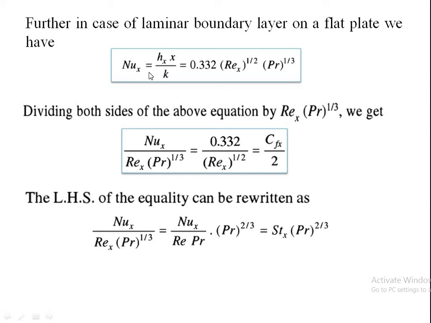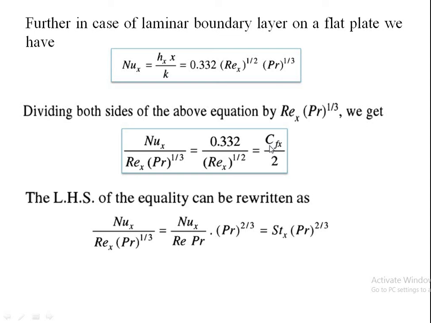So the Nusselt number can be written as the local Nusselt number is equal to 0.332 multiplied by local Reynolds number raised to 1/2 multiplied by Prandtl number raised to 1/3. Now dividing both sides of the above equation by local Reynolds number multiplied by Prandtl number raised to 1/3, we get the local Nusselt number divided by local Reynolds number multiplied by Prandtl number raised to 1/3 is equal to 0.332 divided by local Reynolds number raised to 1/2, which will be equal to Cfx divided by 2.